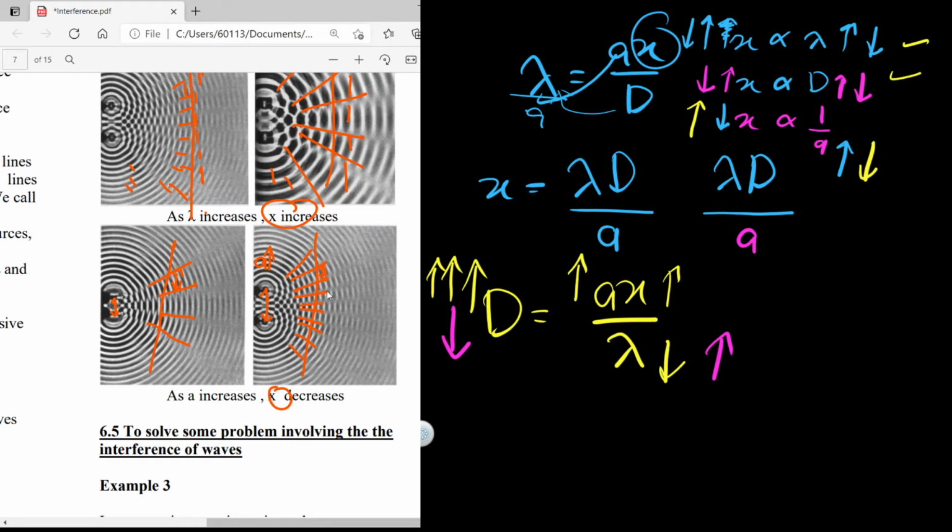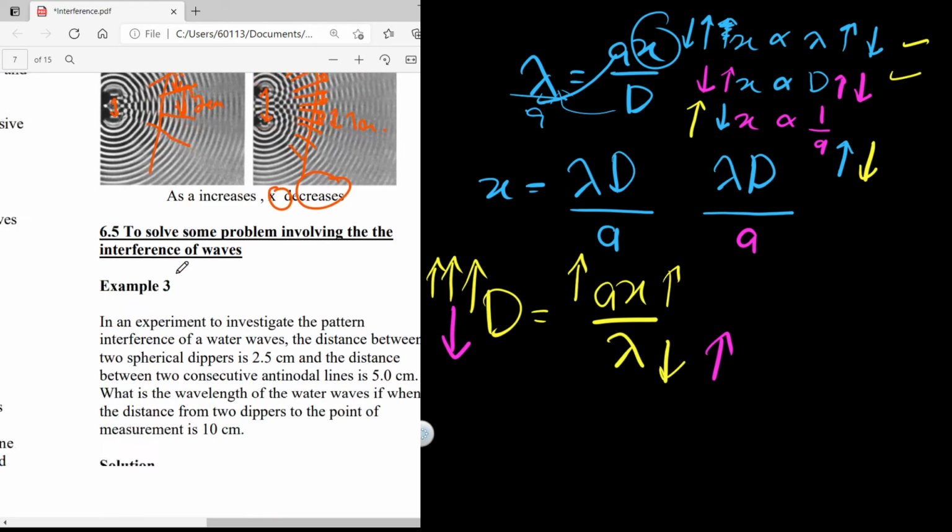Dark and dark, or bright and bright, or for water wave, what will happen to the distance here? It will decrease. It becomes smaller, right? If here is 2 cm, this one becomes maybe 1 cm. So you can prove it either by doing your experiment or just by using the equation.